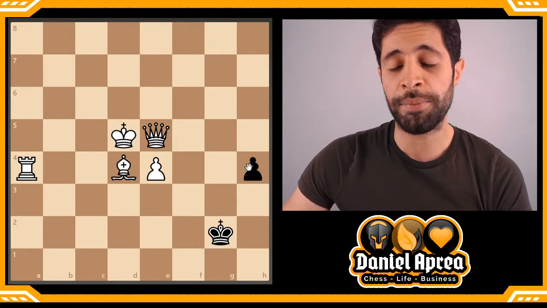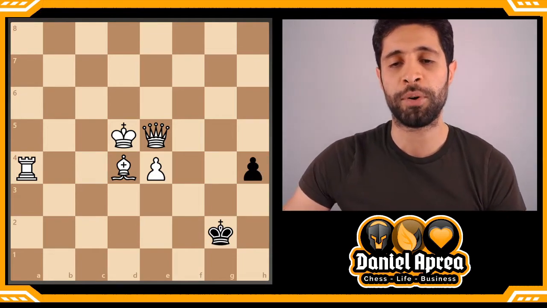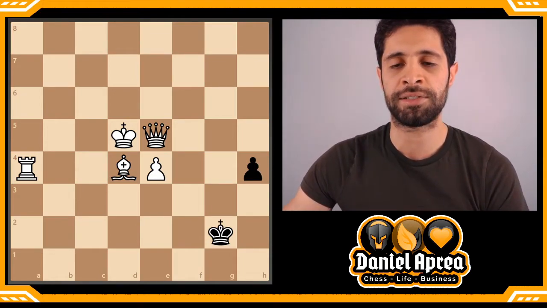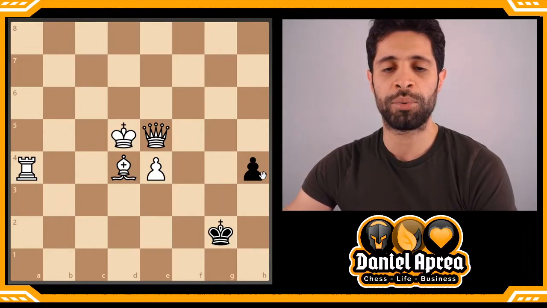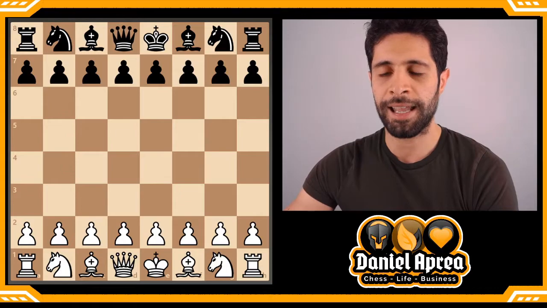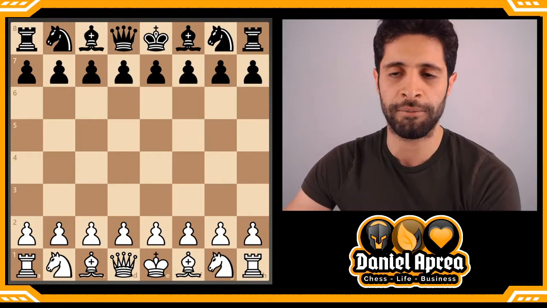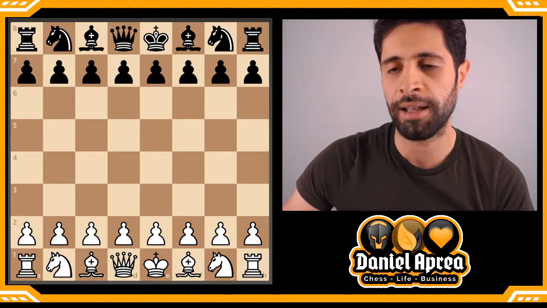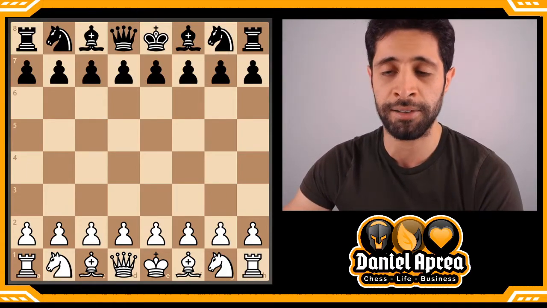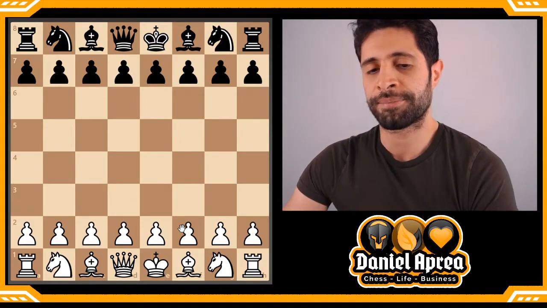Something very important that we haven't mentioned yet about the pawn, and it's really the last piece that we need to add, is that when the pawn reaches the other side of the board, it actually has to be converted to a different piece of the same color, except the king.